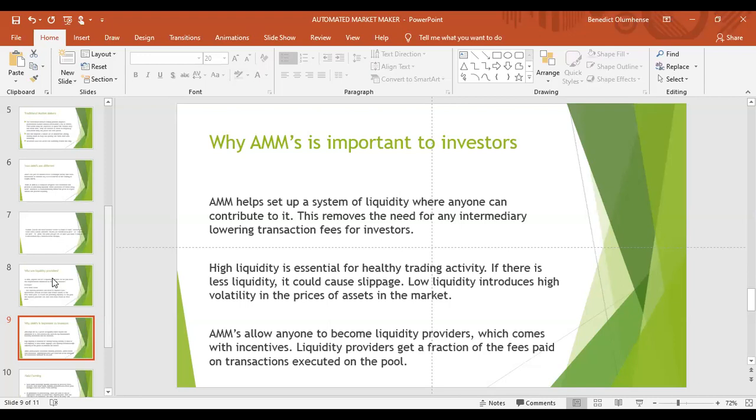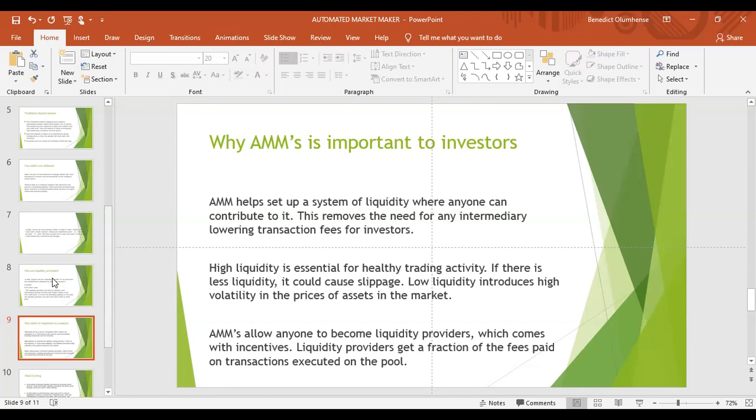So low liquidity introduces high volatility in the prices of the asset, which is why the crypto market is always volatile, because of slippage and a couple of other indicators such as high inflation rates in other securities as well.